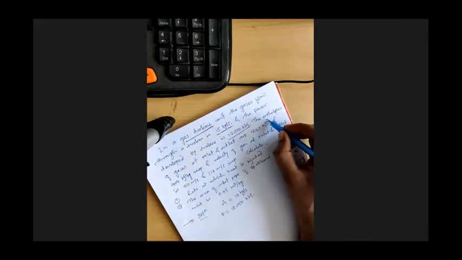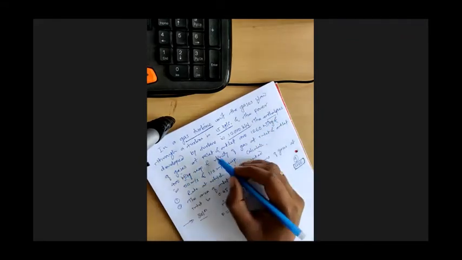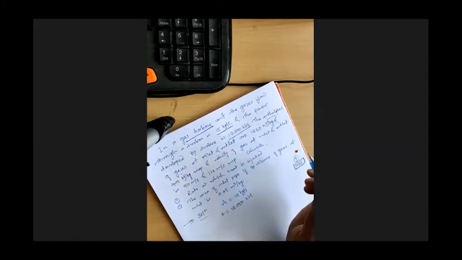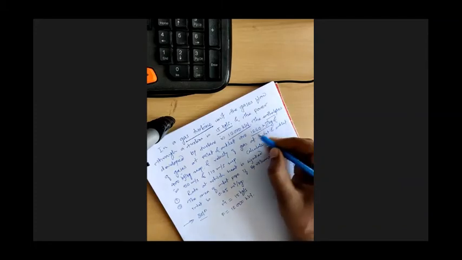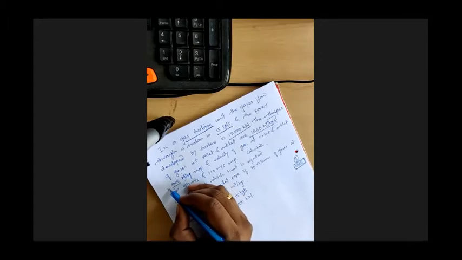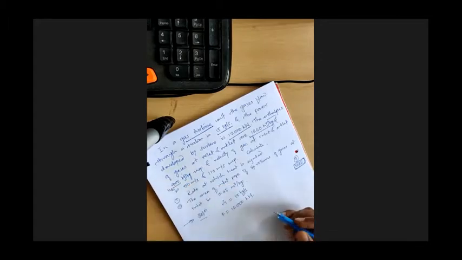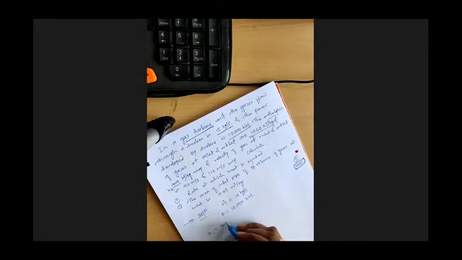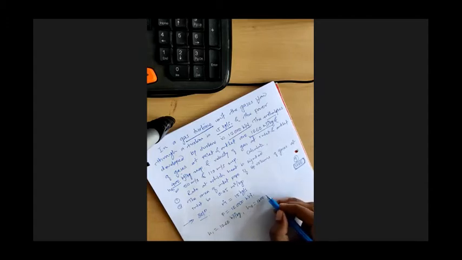Additionally, the enthalpies of gases at inlet and outlet are given. So this is for inlet, our H1, and this is for outlet, our H2. H1 is equal to 1260 kilojoules per kg, and H2 is equal to 400 kilojoules per kg.